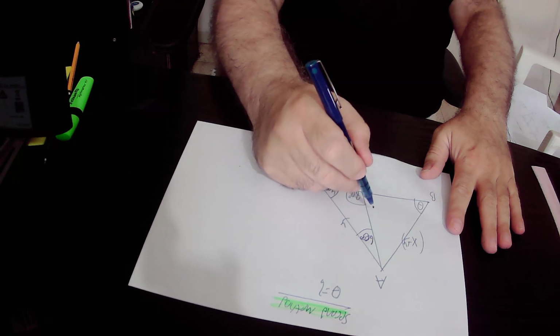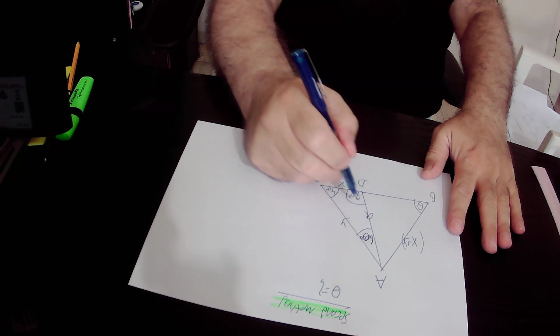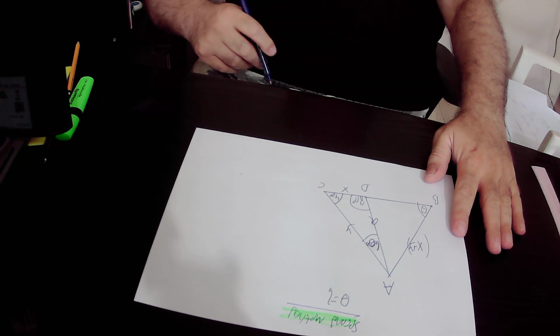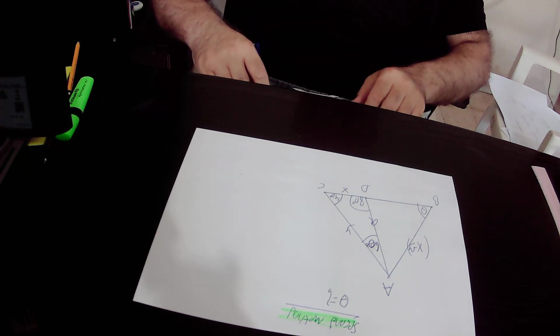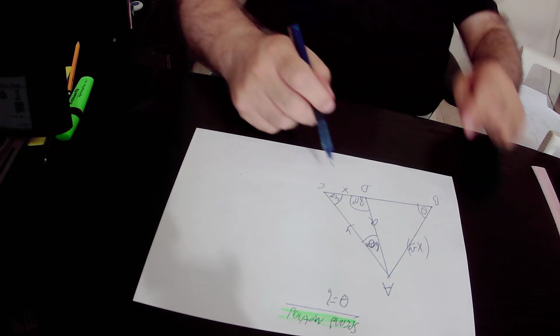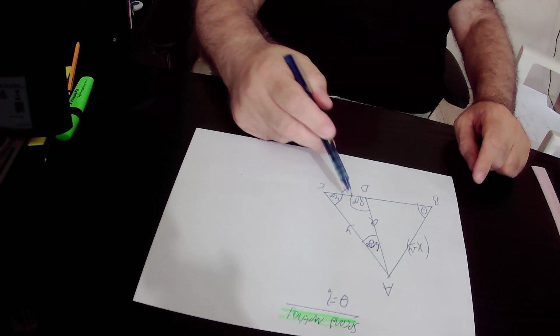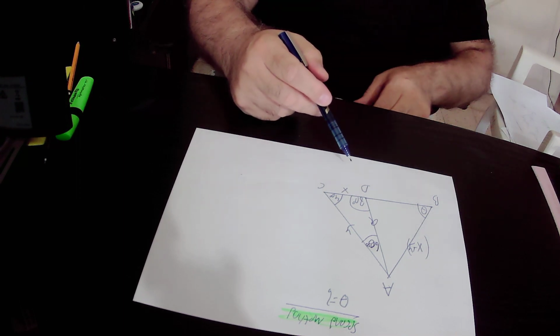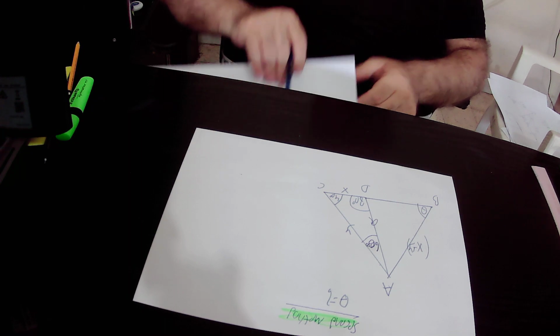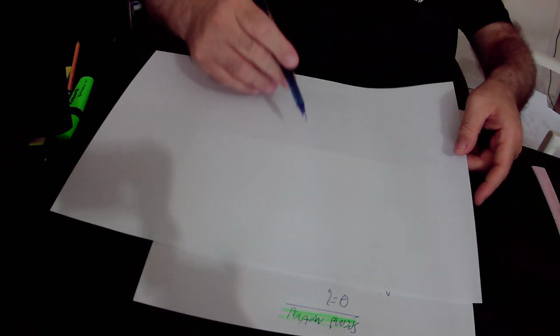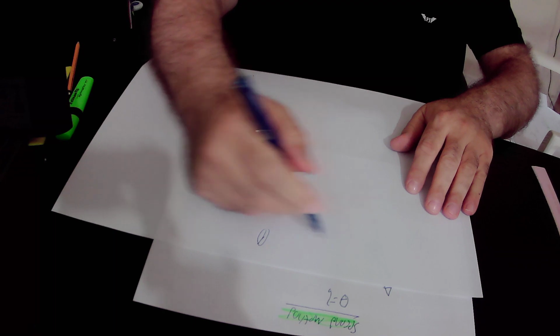We define side AD as a, and I will present to you the law of sines, and we'll implement the law of sines on both triangles, triangle ADC and triangle ABD. So what is the law of sines? The law of sines is true in any triangle.